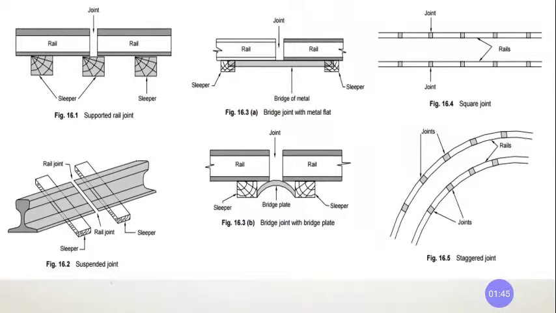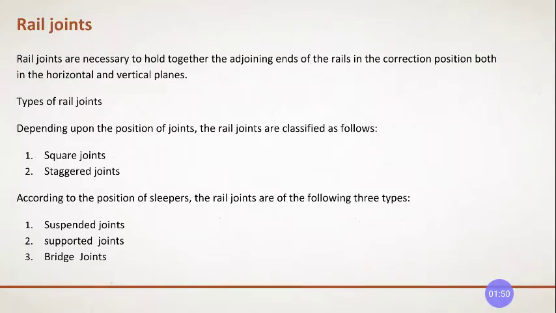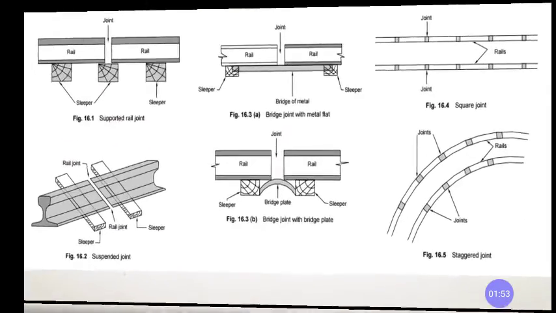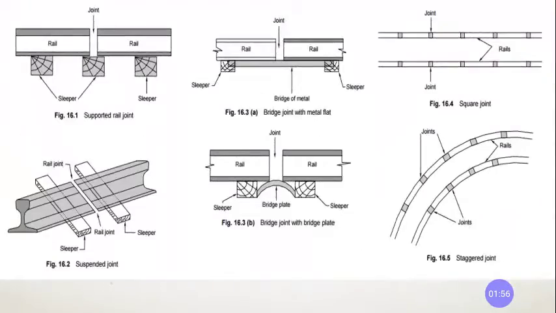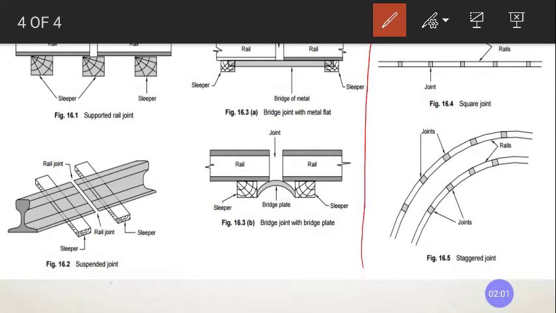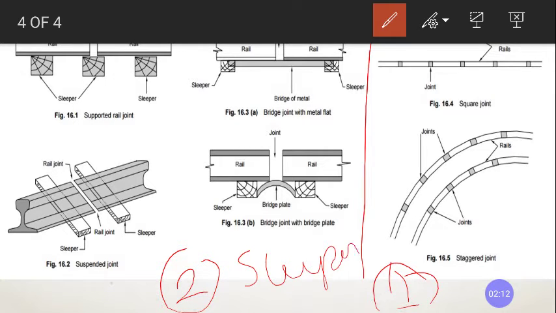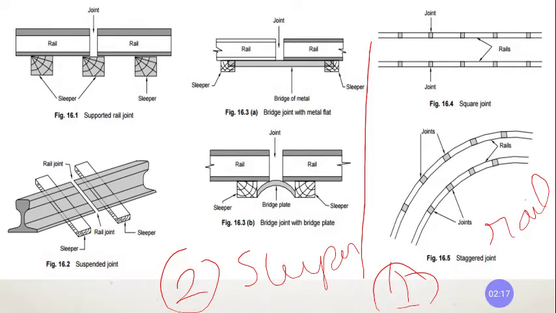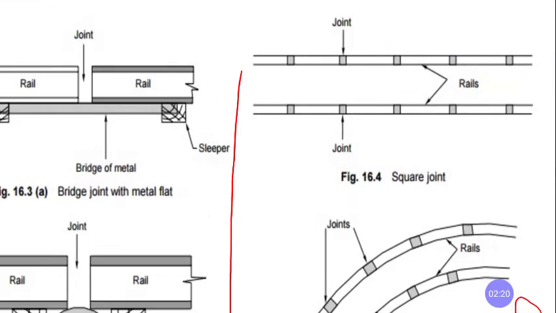This is your supported. Can you see this part is the first part, where we arrange according to the rail. The second one is according to sleepers, and this is rail, right? Don't forget. First we'll see the rail where the joints are.